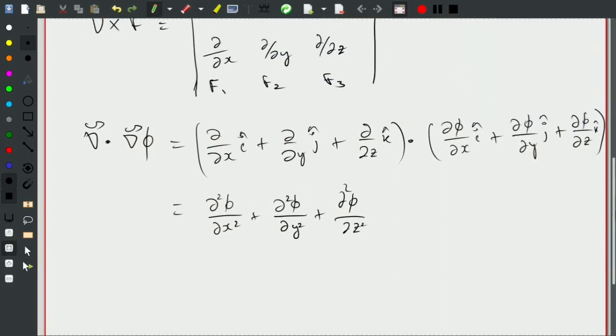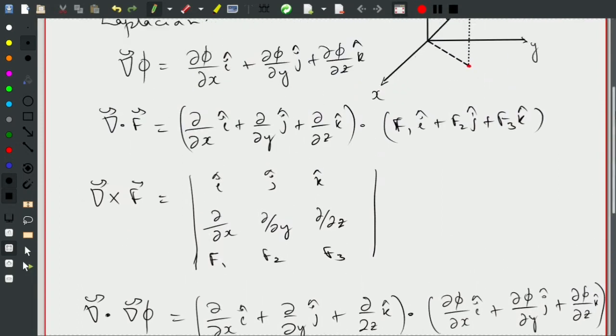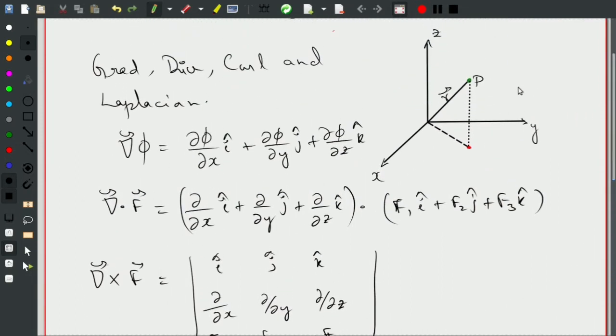So these are the vector operators in Cartesian or rectangular coordinates. Usually it is represented by three mutually perpendicular vectors, and this is the representation for the Cartesian coordinate.